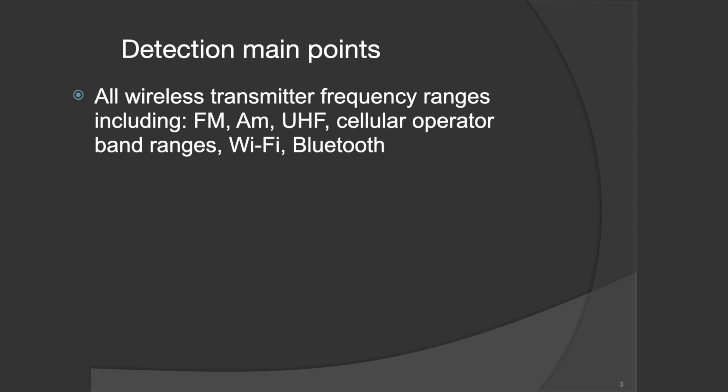There are only examples: FM, AM, UHF, cellular operators, Wi-Fi, Bluetooth, etc. There are a lot of types of wireless signal. I just mentioned the most popular ones. So this is one issue.